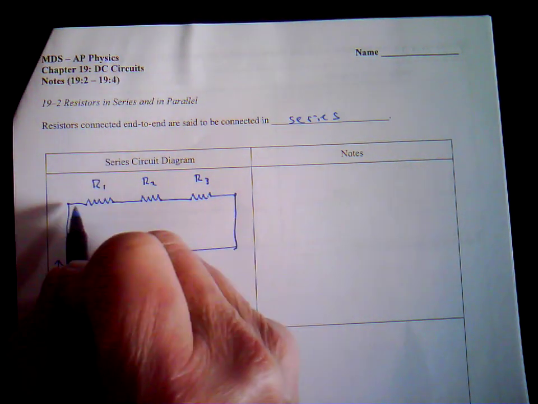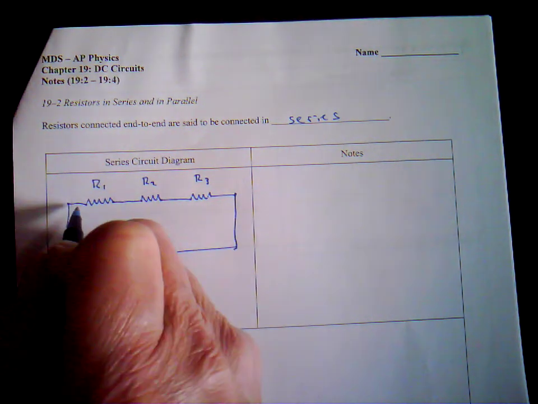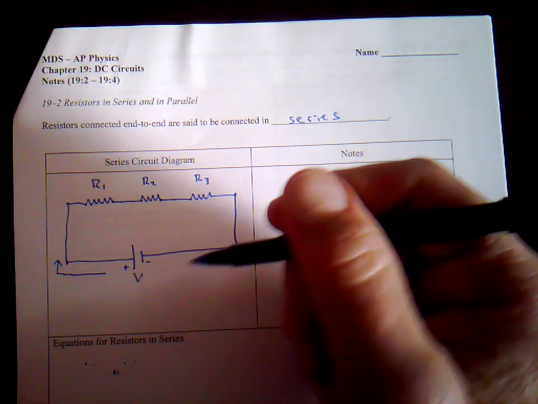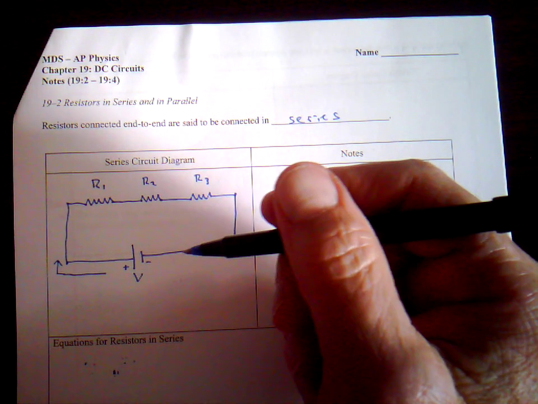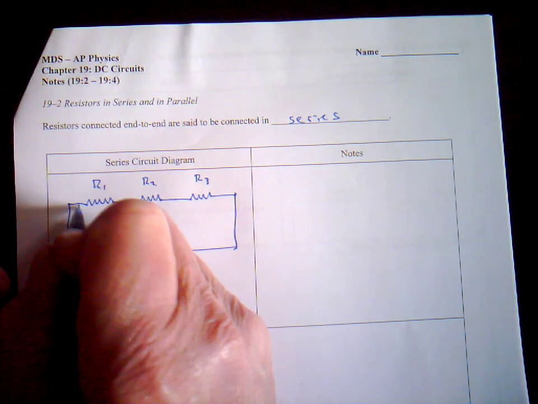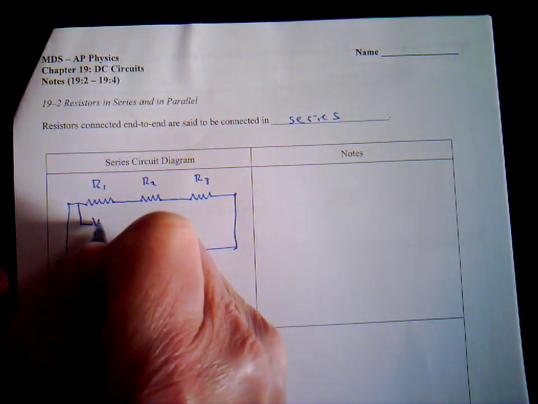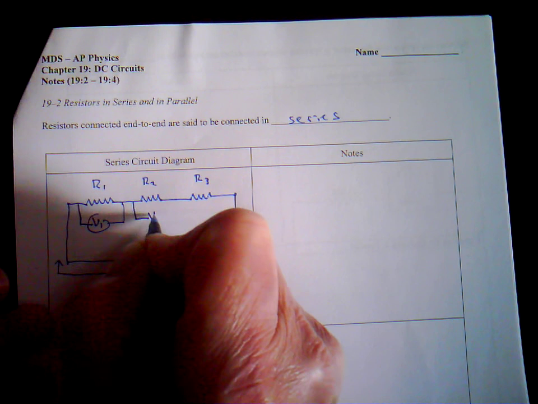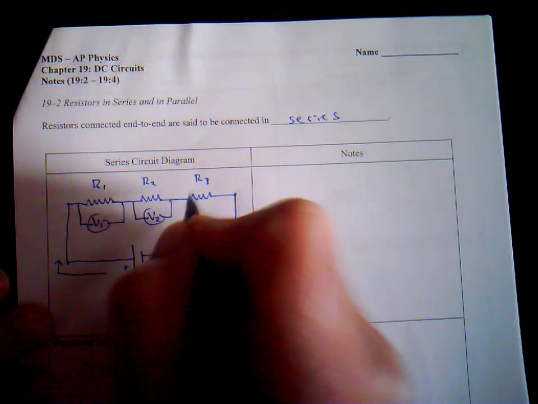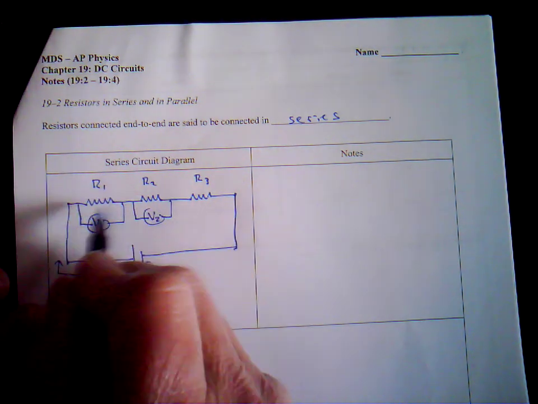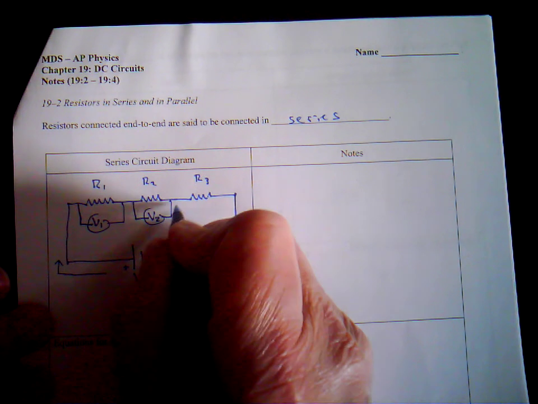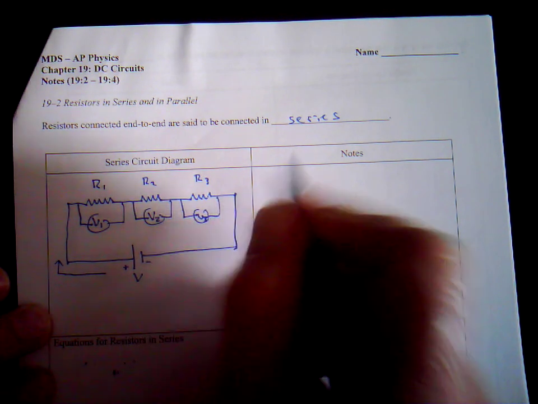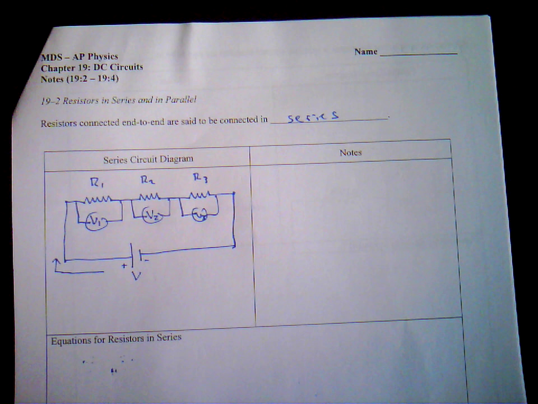If we want to measure the voltage across each one, remember in the lab that we had, we put the two clips for the voltmeter across the resistor. So this is going to be the voltage across resistor 1, this is the voltage across resistor 2, and this is the voltage drop across R3. These are just meters that we put across each resistor to measure the voltage drop across each one.